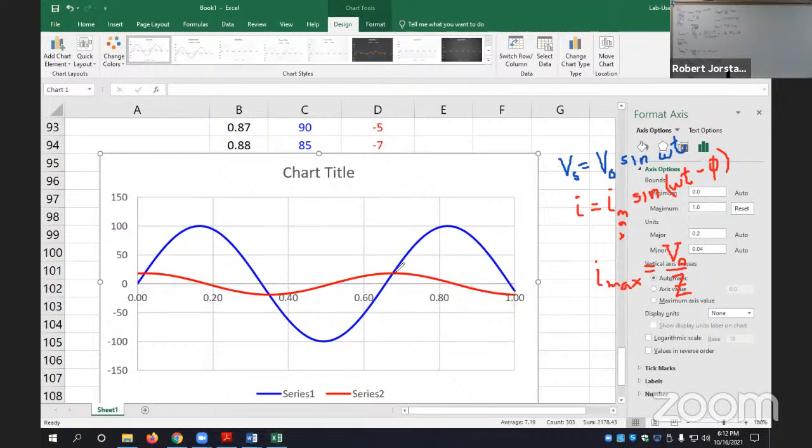Finally, this is approximately when the current is peaking. This is when the source voltage is peaking. So that's V source max, or V naught, if you will. That's peaking out at 100.